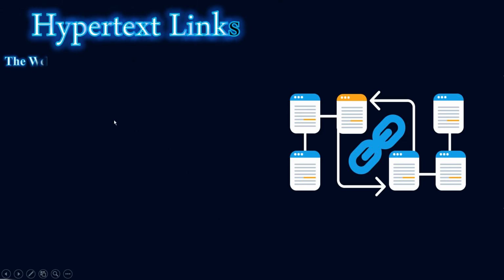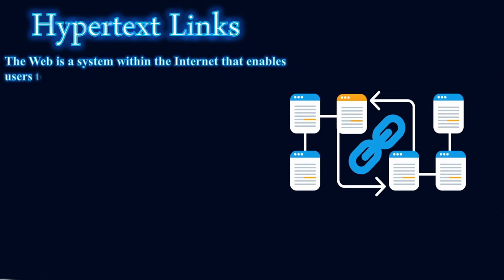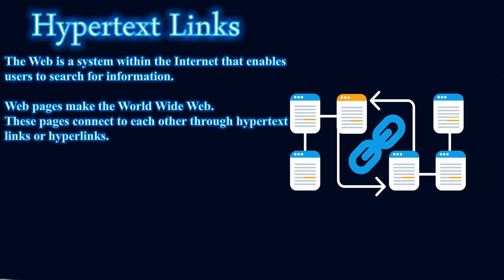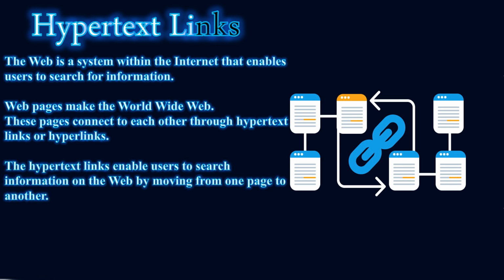So, hypertext links. The web is a system within the internet that enables users to search for information. Web pages make the World Wide Web. These pages connect to each other through hypertext links or hyperlinks. The hypertext links enable users to search information on the web by moving from one page to another.